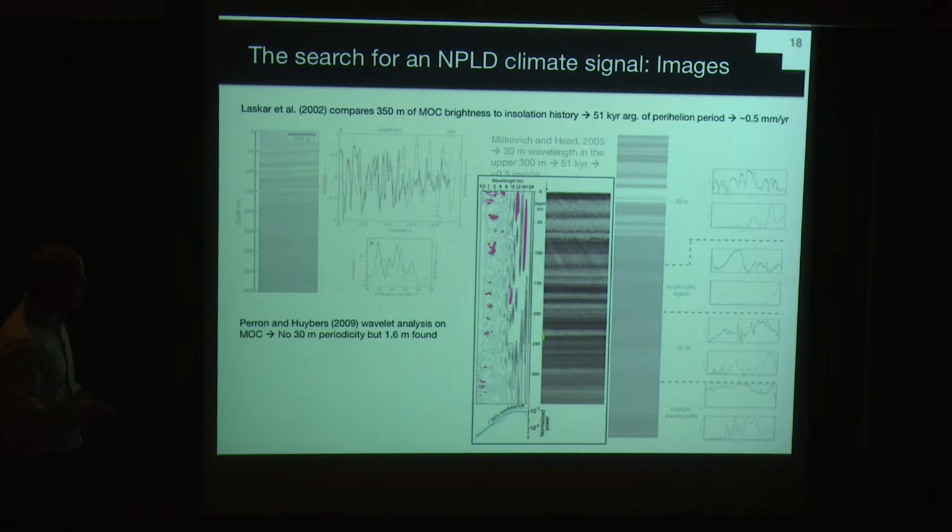This is the wavelet spectrum here, and this is an example analysis that they did. This is the MOC image here, depth, wavelength here, and power. These are power contours. You can't see them very well, but the important part here is that these pink areas are the power that they found that rises over their statistical significance background.